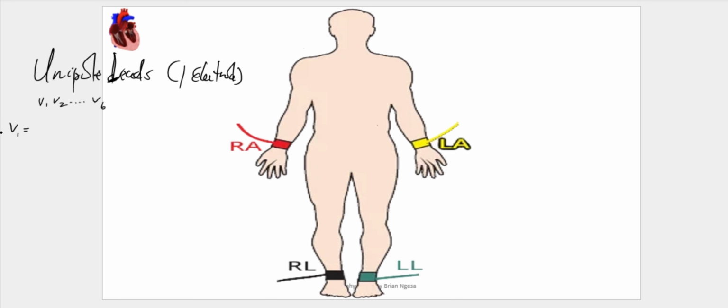V1 is normally placed at the fourth intercostal space. Let's write over here, fourth intercostal space, where the space meets the sternum on the right.